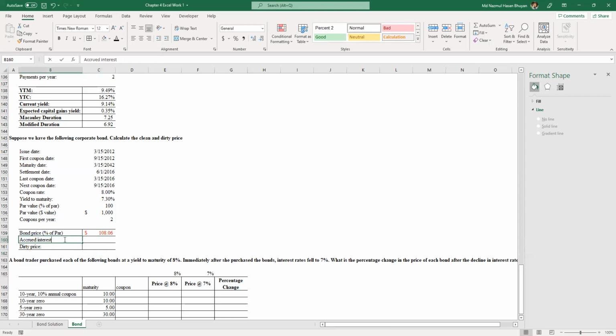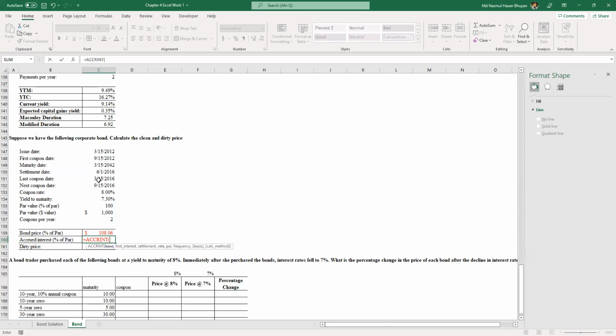Next, let us calculate accrued interest as a percentage of par, and the formula is accrued interest. For this one, we need to know our last coupon payment date, and that is the issue value here.